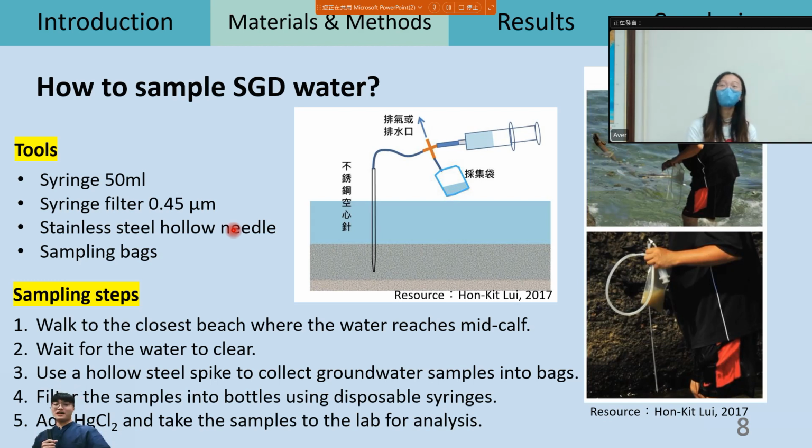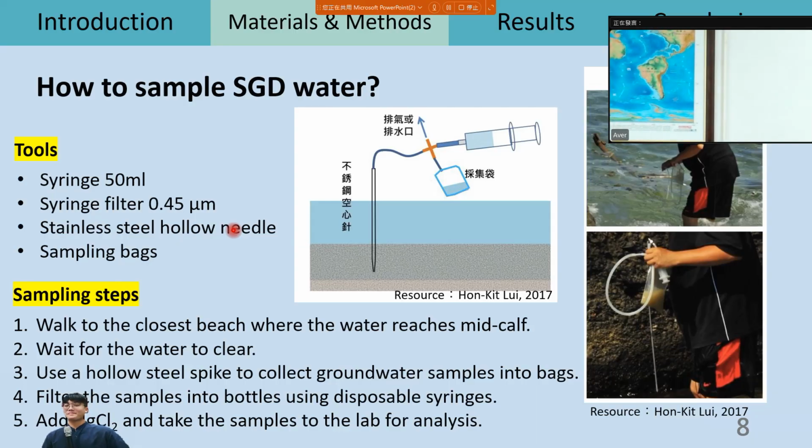We can see it by the data, because if there is SGD, obviously the salinity will not be as high as the seawater. It's a little bit lower. Okay.